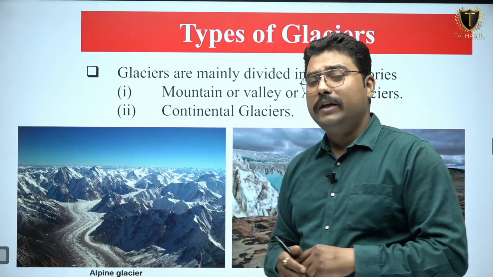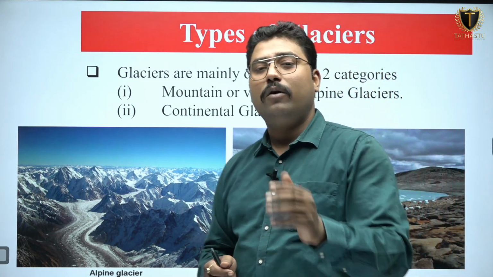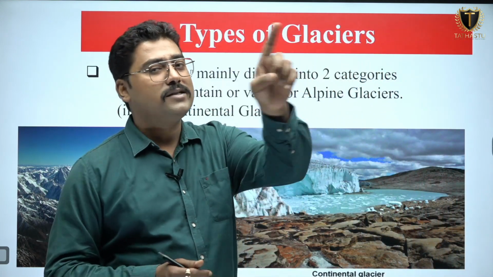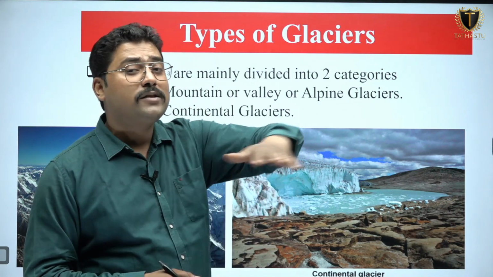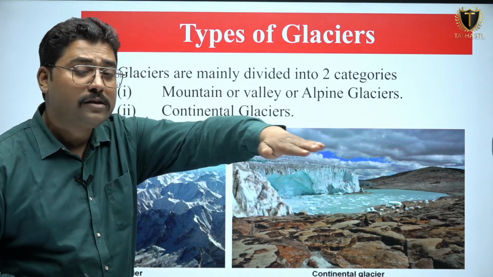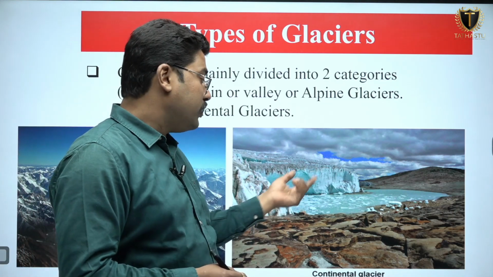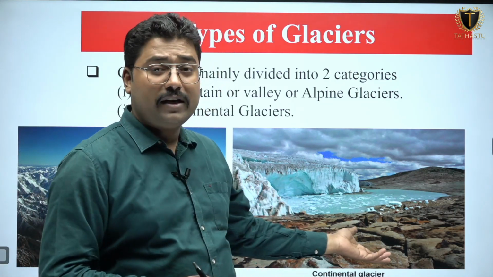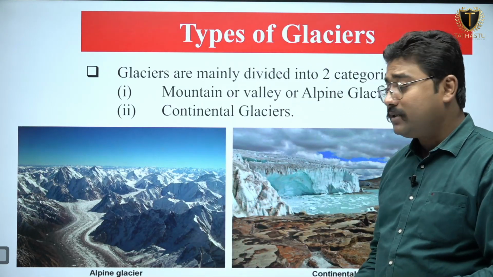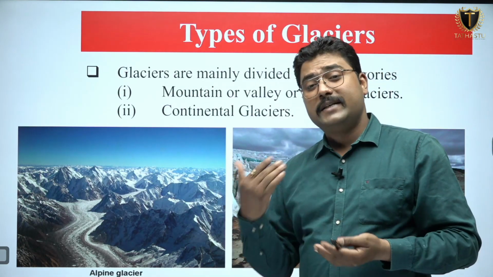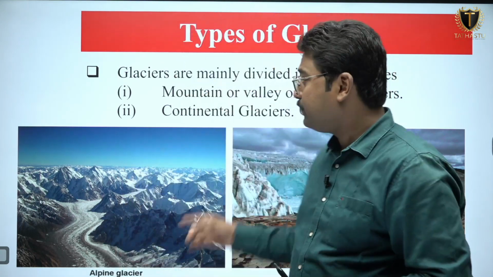Glaciers found in mountains or their valleys are considered mountain glaciers, and glaciers found over the continental surface are considered continental glaciers. As you can see in the image, these are continental glaciers. Examples are Greenland or Antarctica. Mountain glaciers are like the Siachen Glacier, Remo Glacier, Baltoro, and all these.